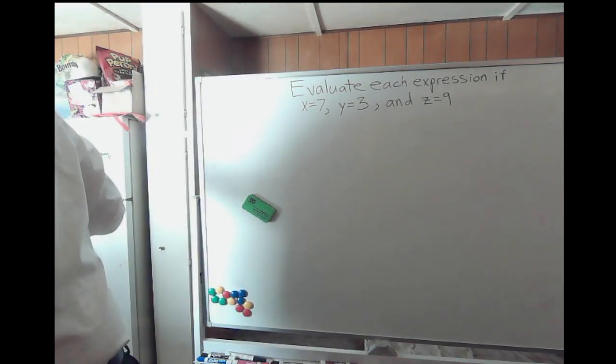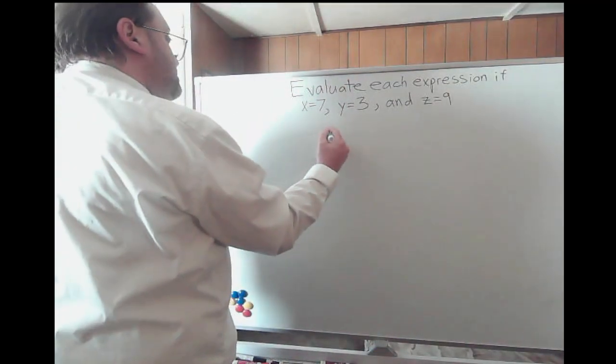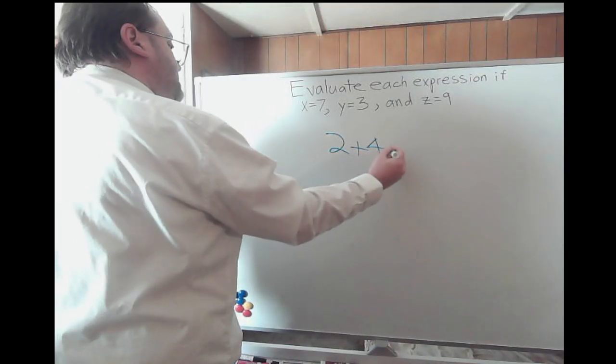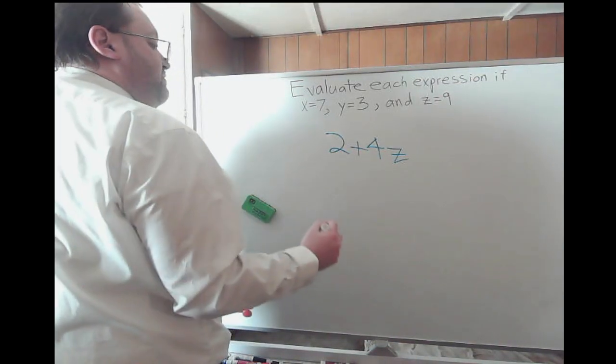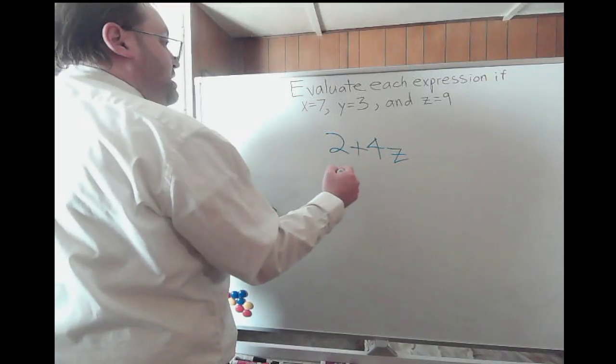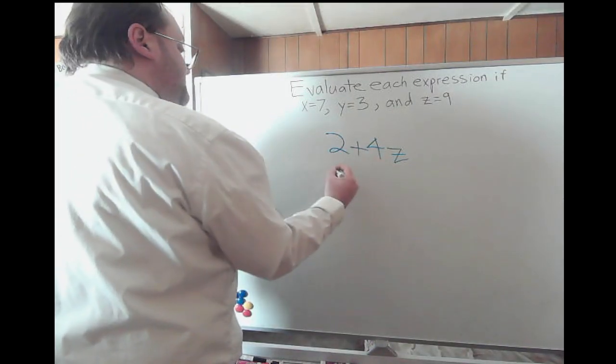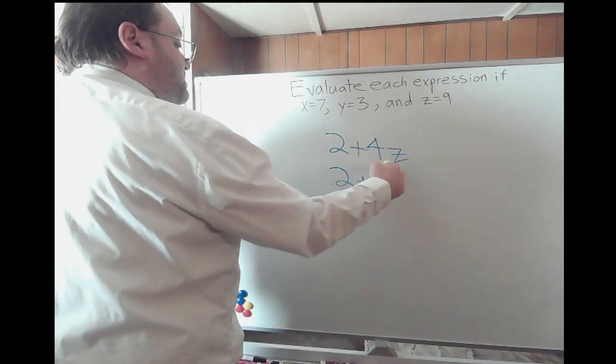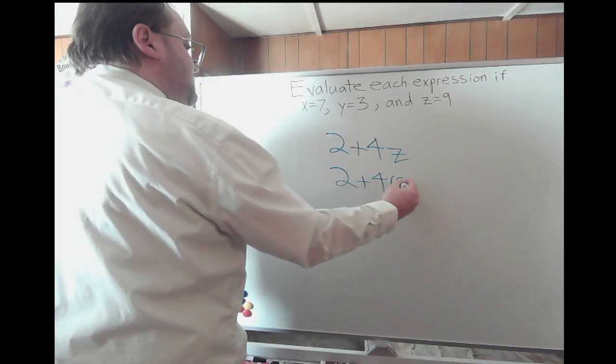How about if we got 2 plus 4z? You got to evaluate that. Well, again, you're going to put the 9 in for the z, so what you would have is 2 plus 4 times 9.